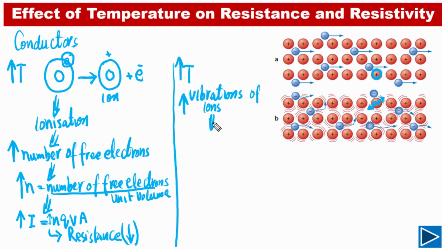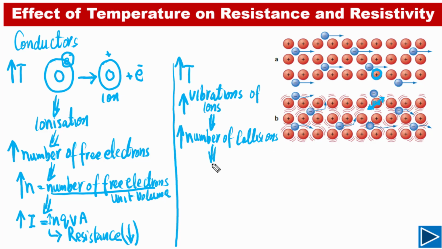As vibrations of ions increase, electrons will collide with ions more often. So the number of collisions increases.